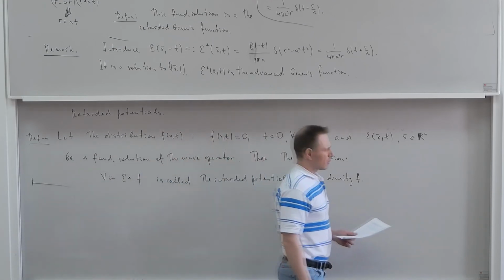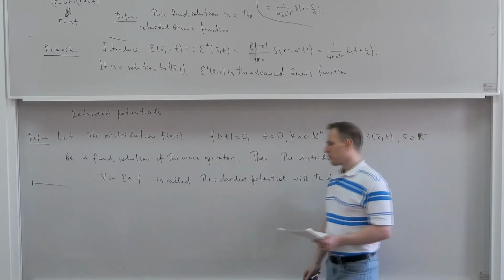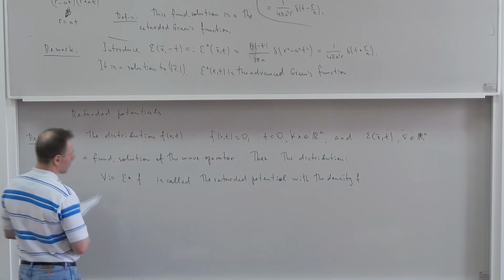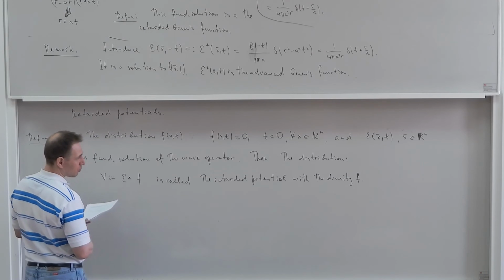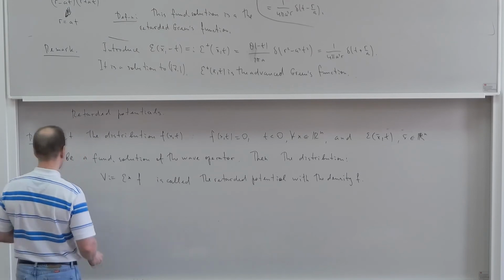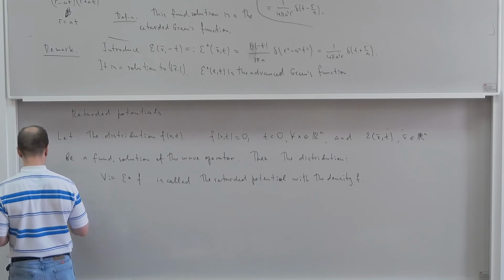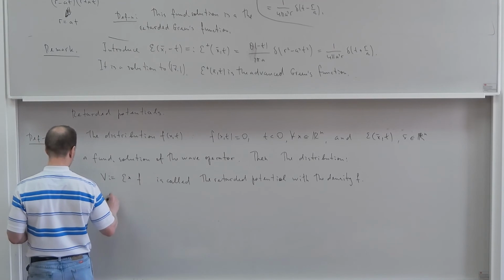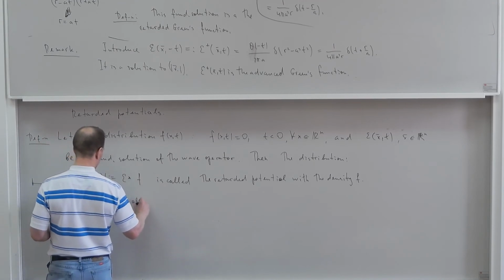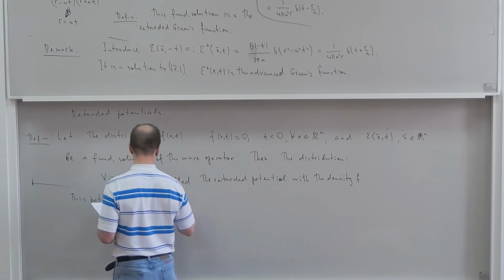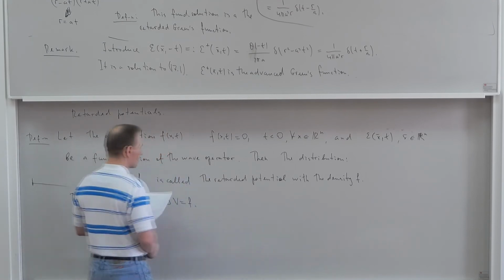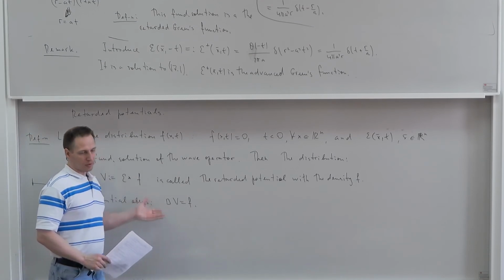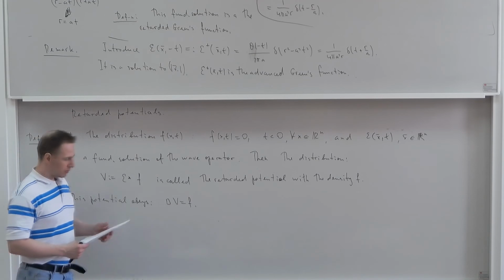In accordance with the theorems which were proved in the previous semester, this retarded potential is a particular solution of the inhomogeneous wave equation, because it satisfies this equation, of course, in the sense of distributions.